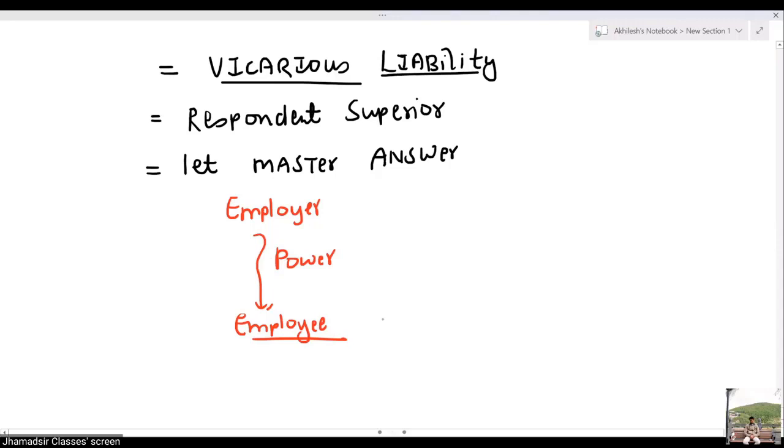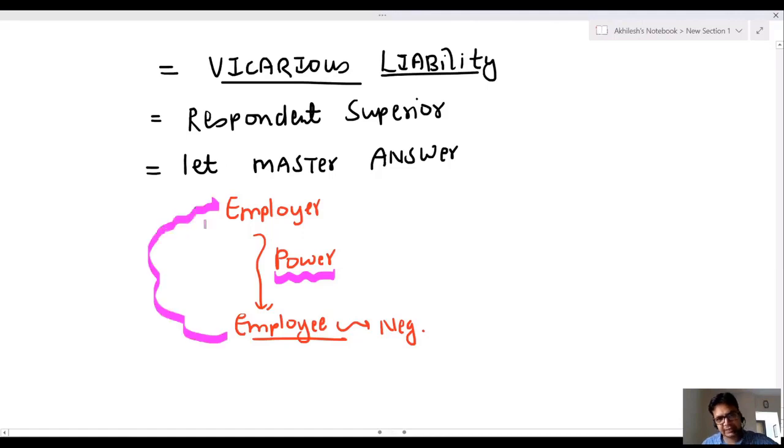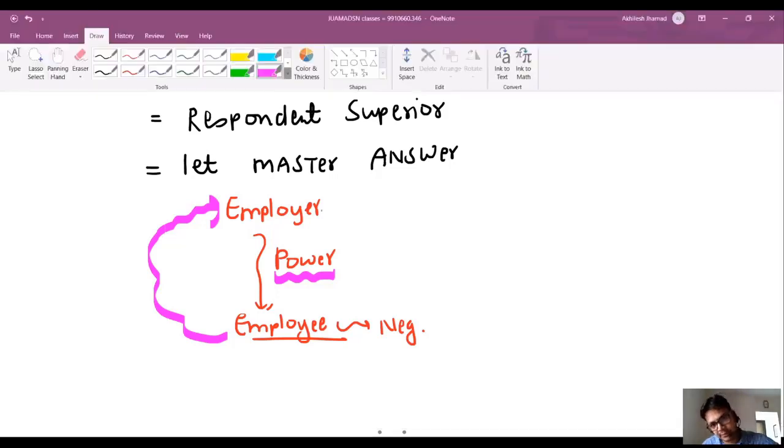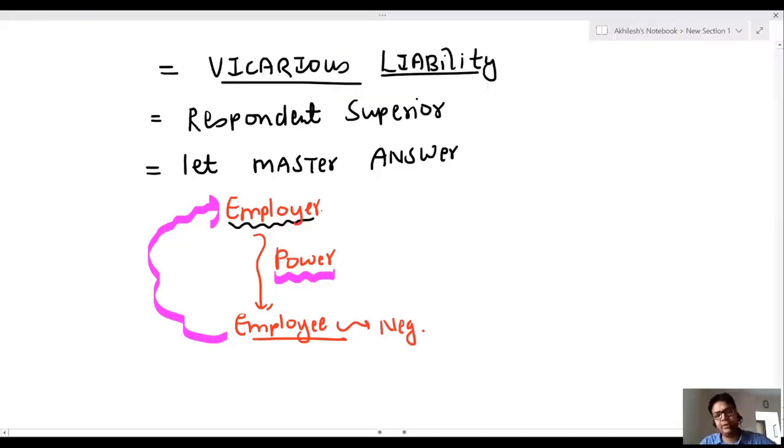If this employee commits a negligent act, because the employee is not working independently, the liability is transferred to the employer. It means the first answer has to be given by the employer. If you are working under a hospital like Fortis, first Fortis hospital will give the answer.